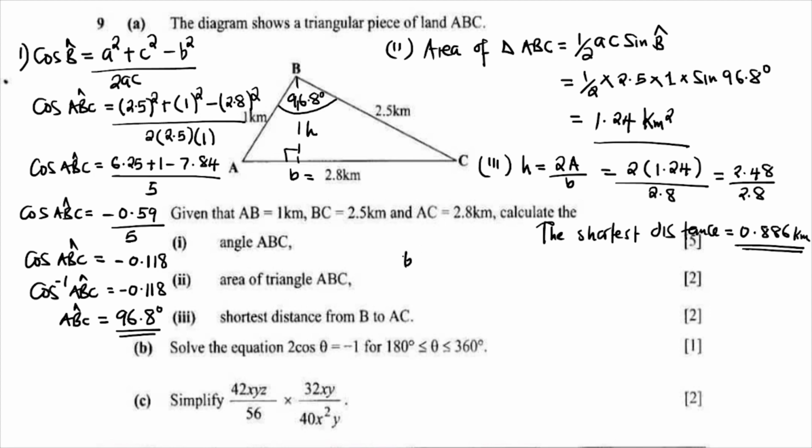We need to find an angle where 2 cos theta is equal to negative 1. So you divide both sides by 2 because you are interested in the theta. So we shall say that this will be negative 0.5.